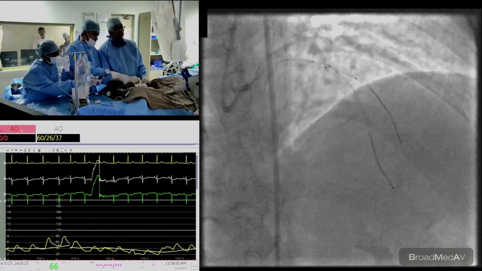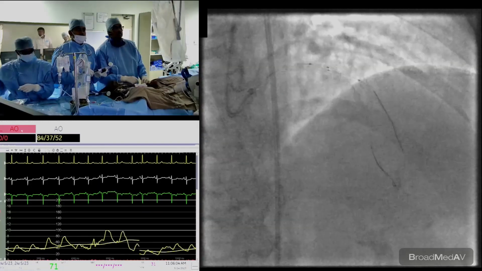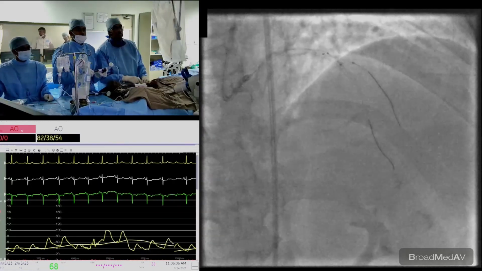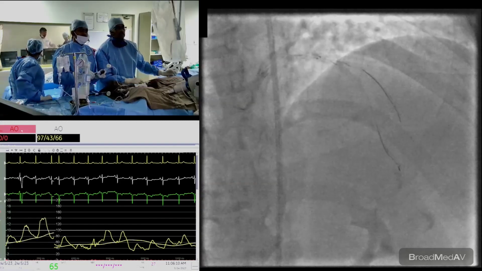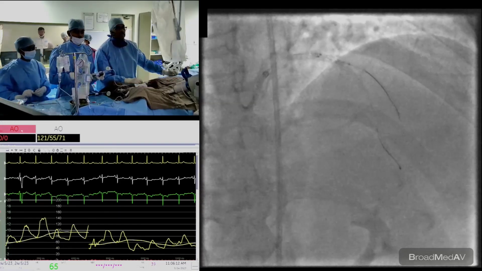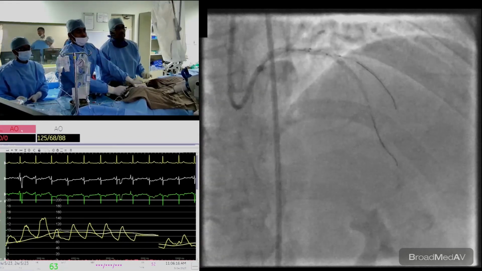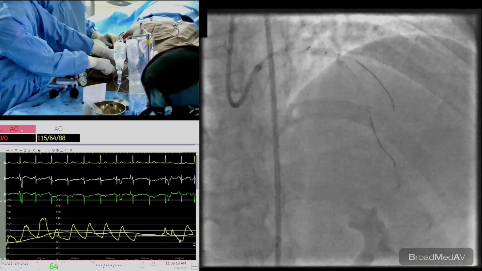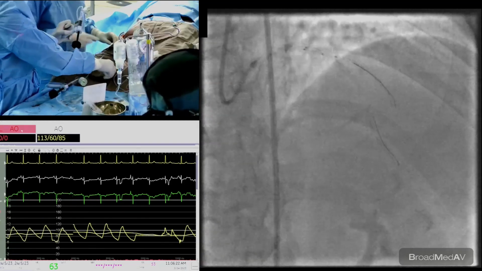Negative, please. You see that. Okay. Now just get up to nominal only. So small check, please. Just push that LAD balloon. Just keep it. Yeah.